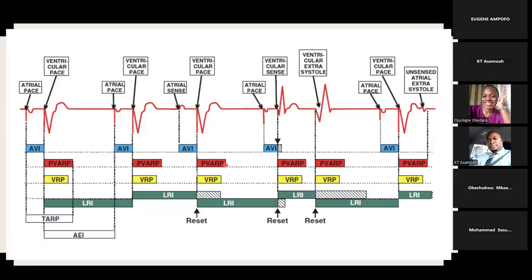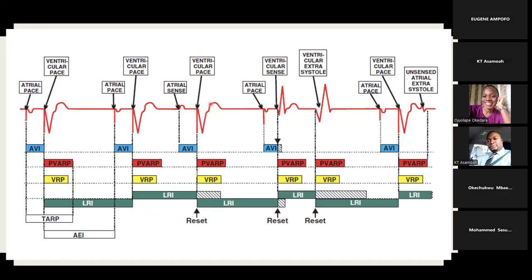And the reason is that a ventricular impulse could result in retrograde P waves, because that ventricular impulse could conduct back up the conduction system into the atrium.